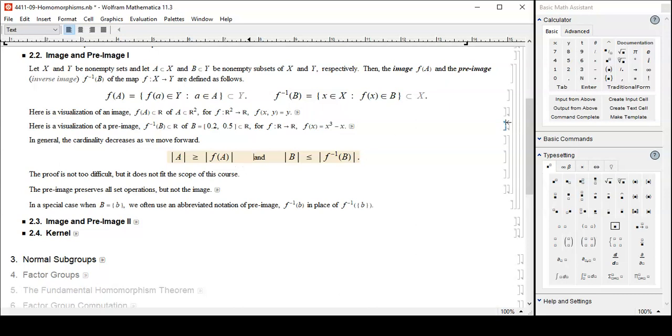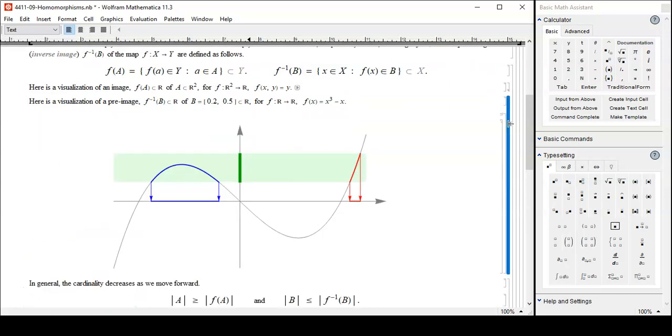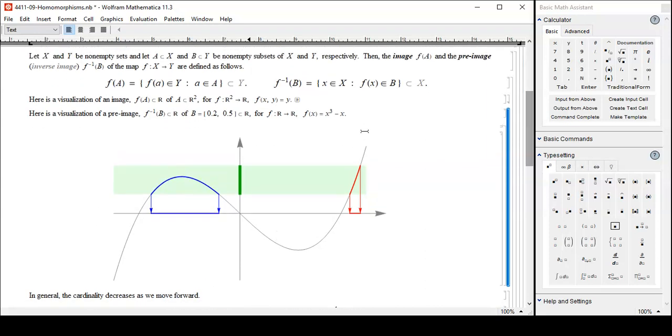Here's a visualization of the preimage. I set this example, f of x is x cubed minus x, and then my set capital B is this interval, highlighted in green. 0.2 to 0.5 right here, and then find a strip highlighted in green like this, and then find a portion of the graph that goes into the strip, here blue, and then here red, and then project those down to find intervals, blue interval and red interval.